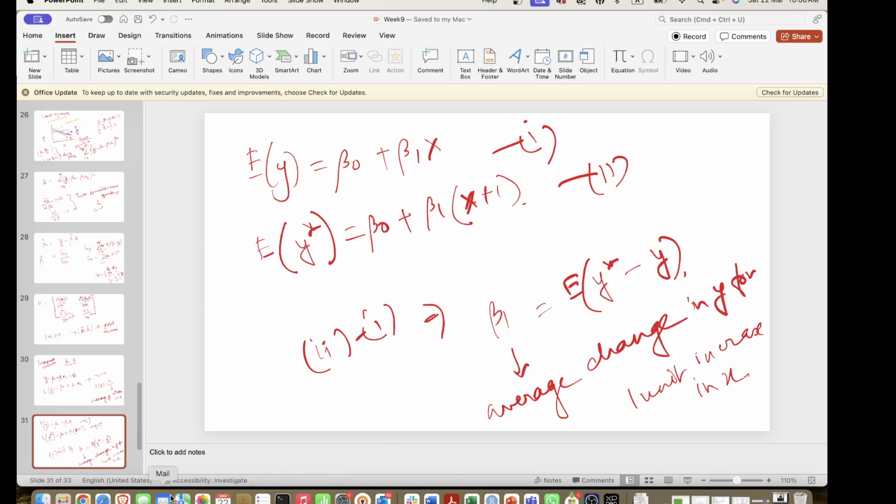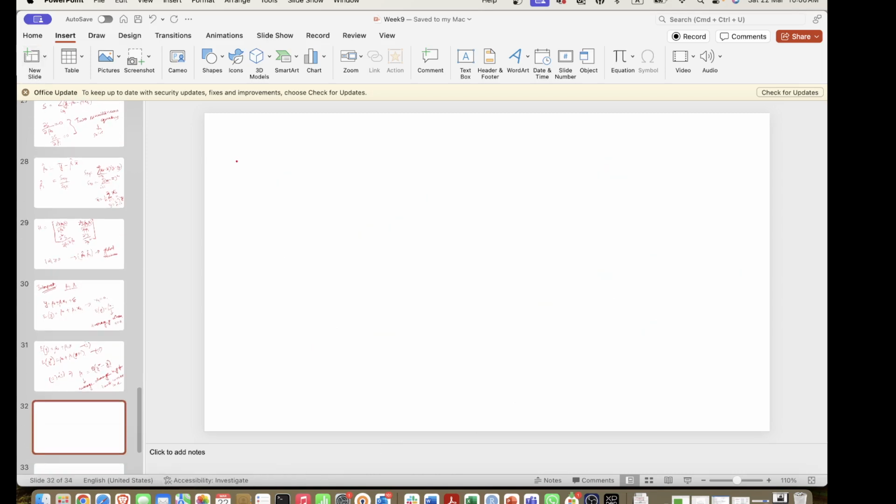And if you want to say it differentially, expectation of y equals beta naught plus beta 1 x, so d dx of expectation of y is beta 1.